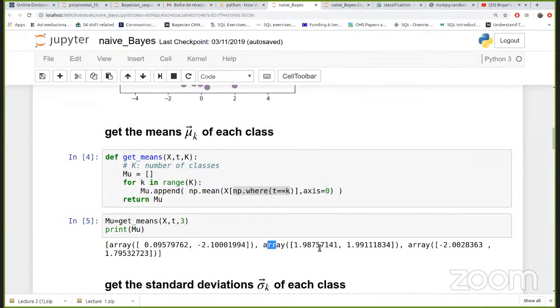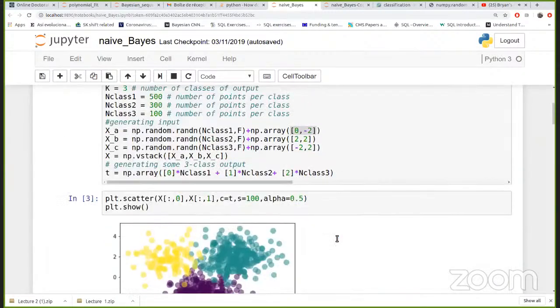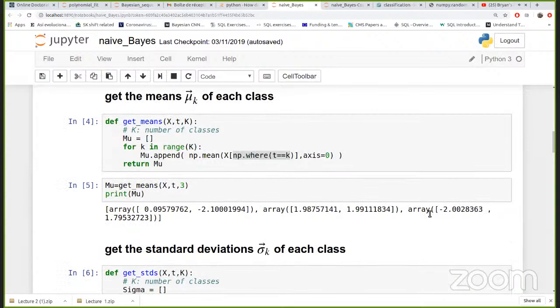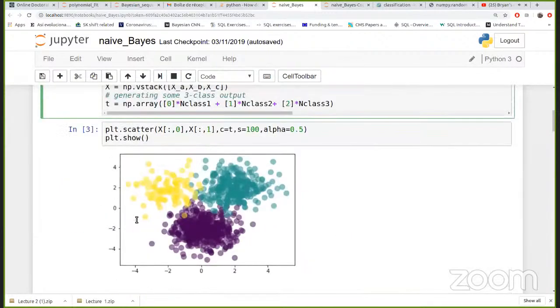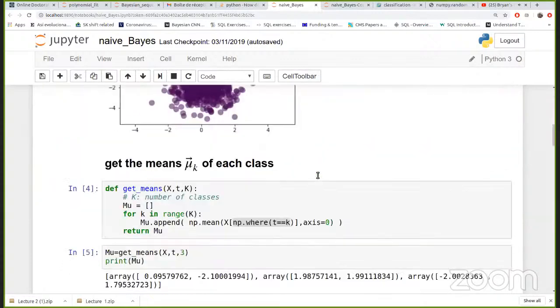For the second class, the mean is around 2 and 2, which is exactly what was the case. The third class is the centroid of this class: -2 and 1.8, where originally it was sampled from -2 and 2. So it makes sense.